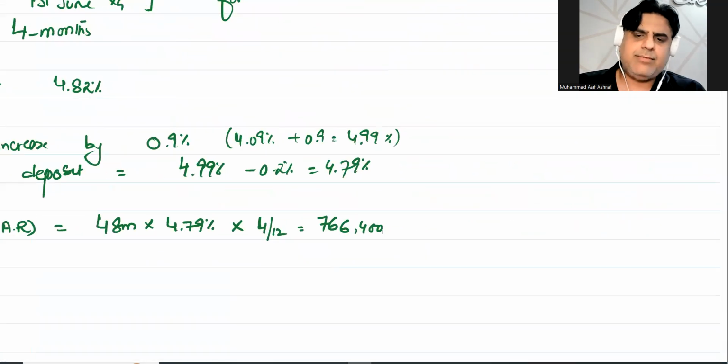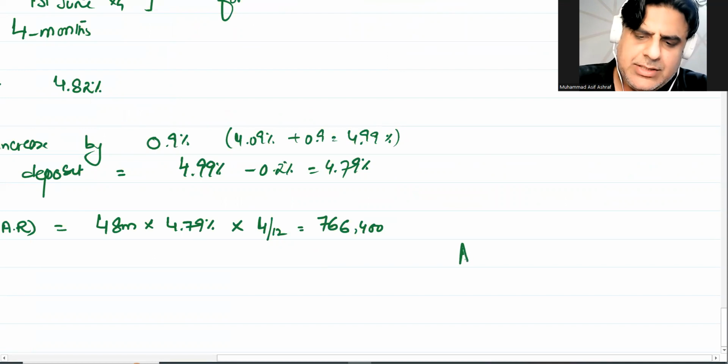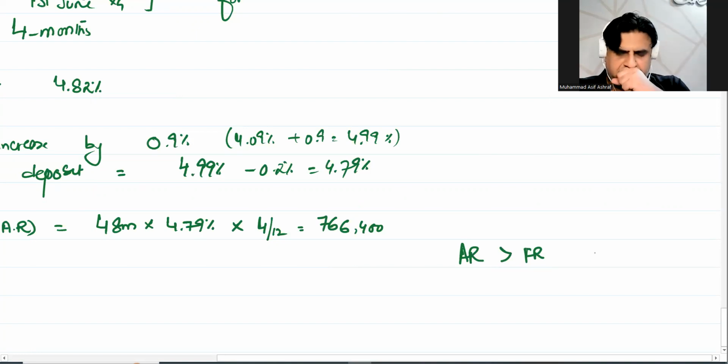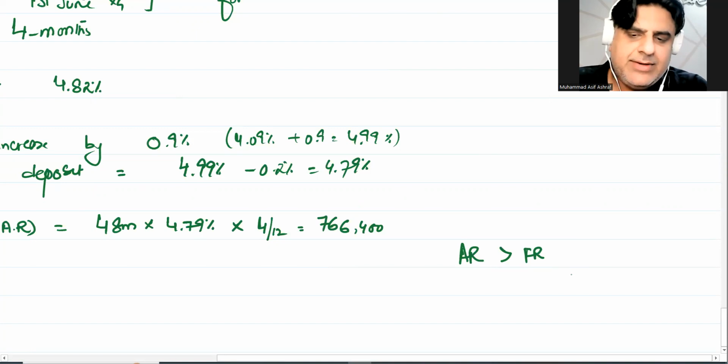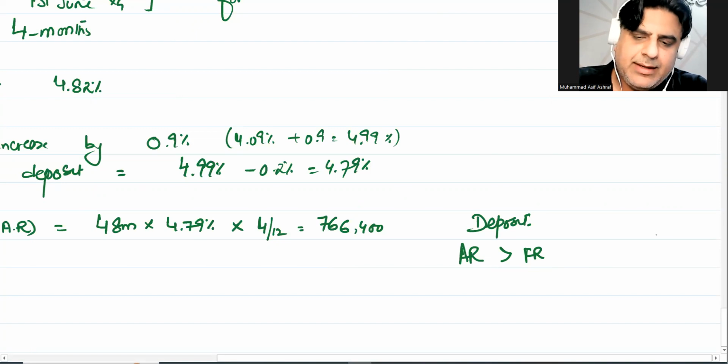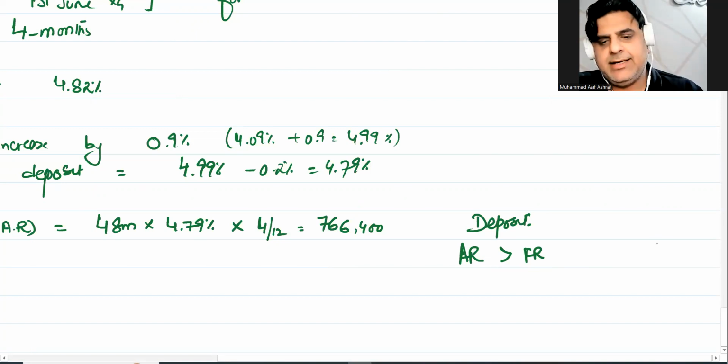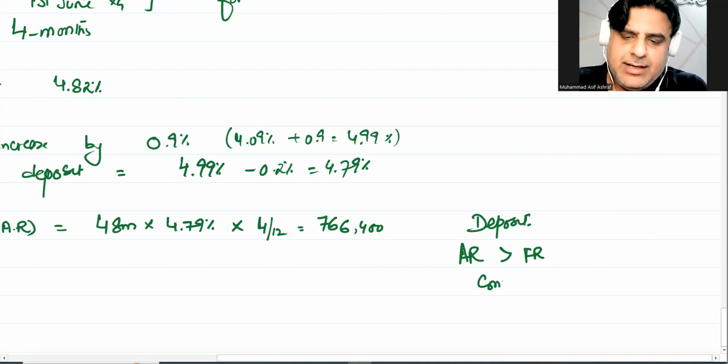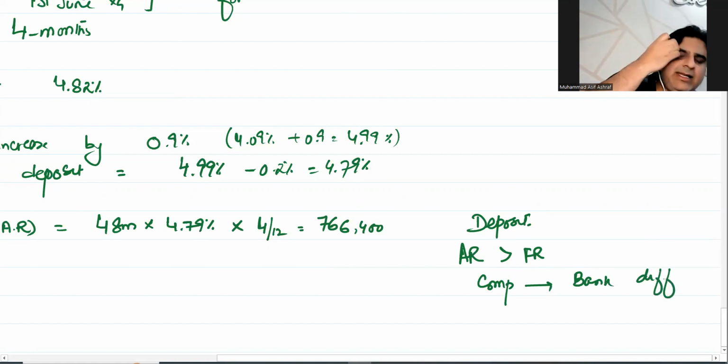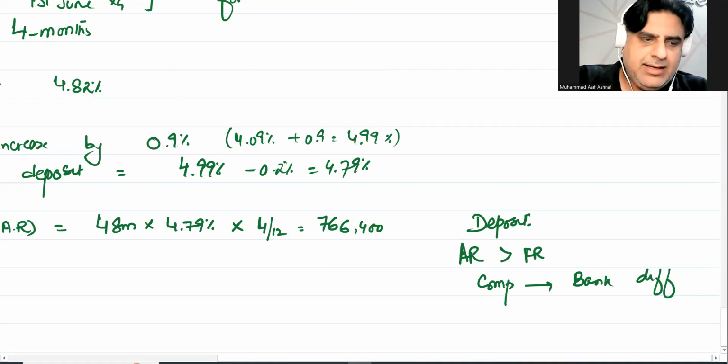Now, one thing you should remember: you have to check whether the actual rate is greater than the forward rate. If the actual rate is greater than the forward rate, and it is the case of a deposit, in this case the company is going to pay the bank the difference, because in any case the maximum an entity can earn is the forward rate.